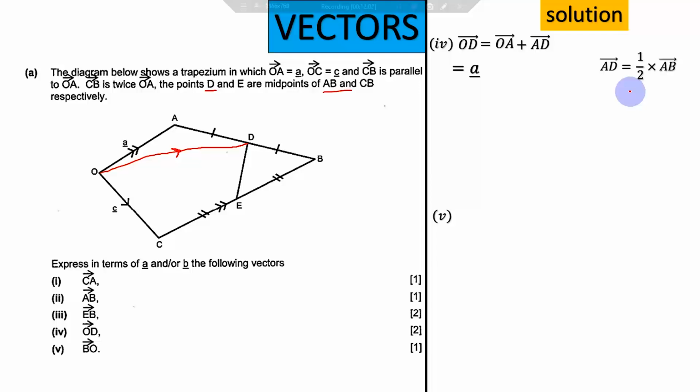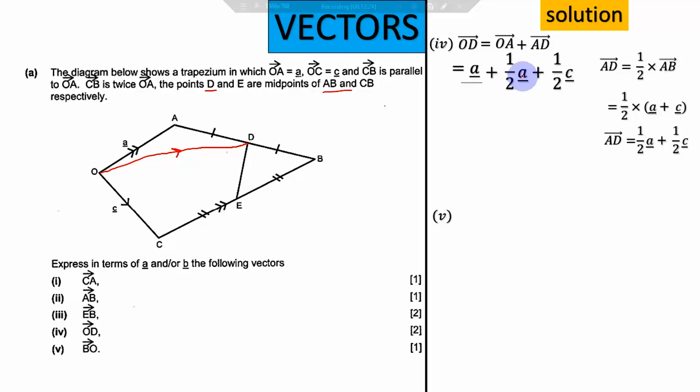So AB we found already, so half of that will multiply, 1 over 2 times A plus C. This is the answer here. When we multiply half with all the terms inside the brackets, let us substitute it. Then from here we have A and the 1 over 2 A as like terms.